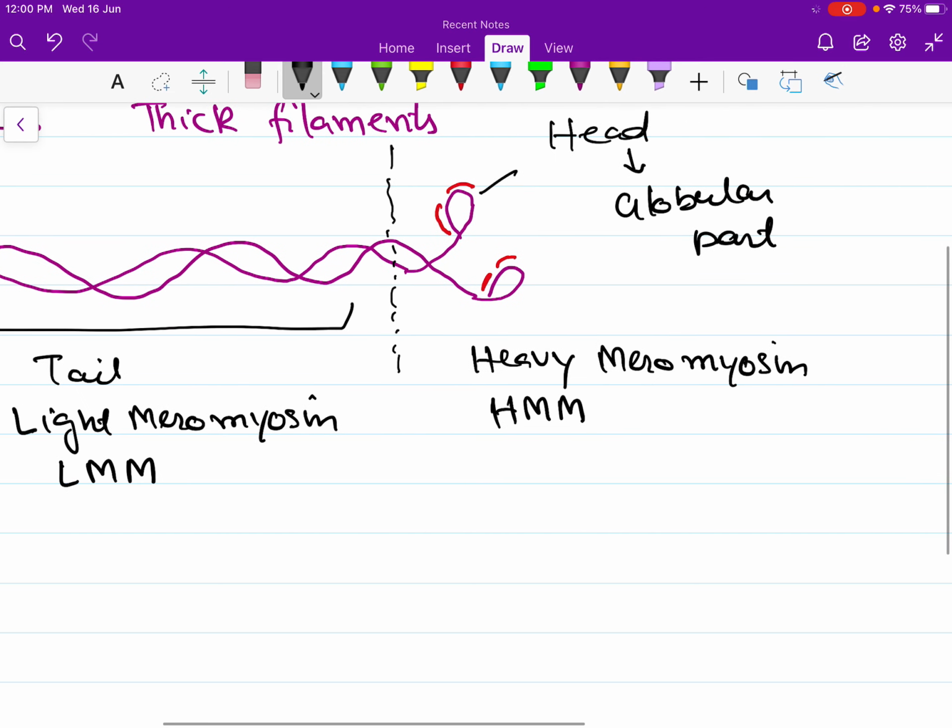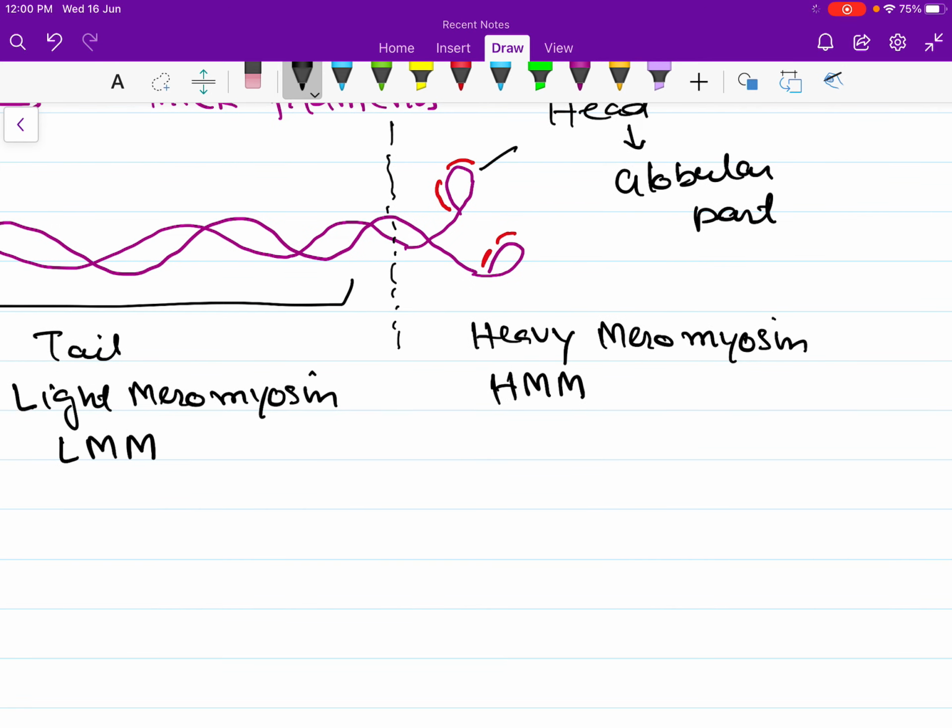Please note that heavy myosin is formed of both heavy chains as well as light chains.